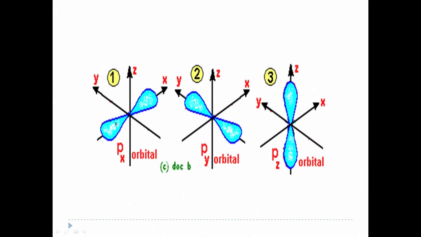Here you can see the p orbitals, one along the x direction, one along the y direction and one along the z direction.